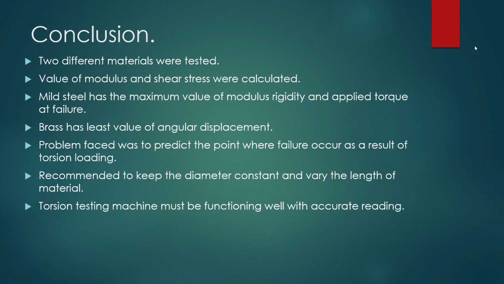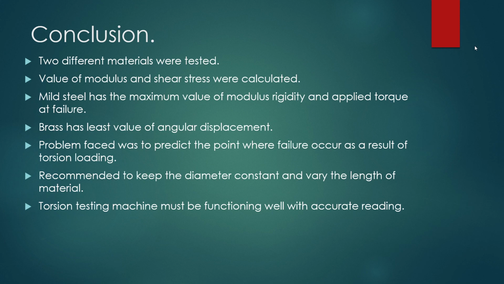We're moving on to the conclusion. Based on the lab experiment that we have performed, we have concluded that torsion tests have been performed on two different materials, brass and mild steel, and with the help of the experiment data, the values of the modulus of rigidity and shear stresses were calculated.